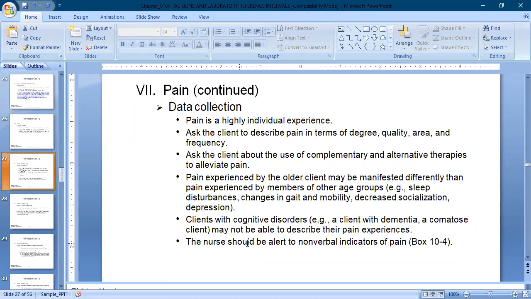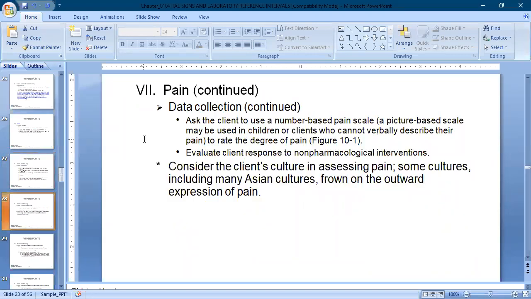So the nurse should be alert to non-verbal indications of pain. Now more data collection about the pain. Ask the client to use a number-based pain scale, or we sometimes use the picture-based pain scale. Evaluate the client's response to non-pharmacological intervention.